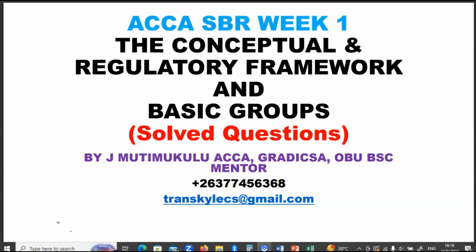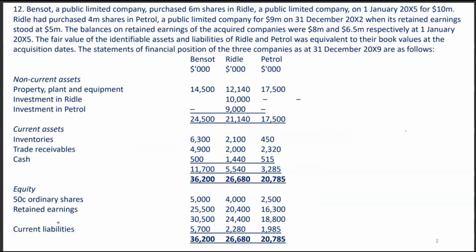So our question, ladies and gentlemen, is this one. Bensot, a public limited company, purchased 6 million shares in Redu, a public limited company, on 1 January 20x5 for 10 million. That's the information we have so far about this particular company.